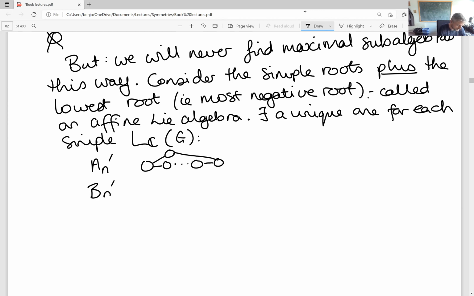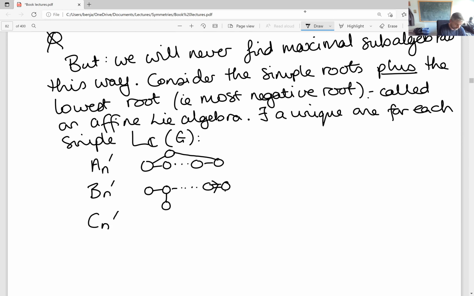For Bn prime, we have n roots here, and it turns out that we add the additional root to the second one.